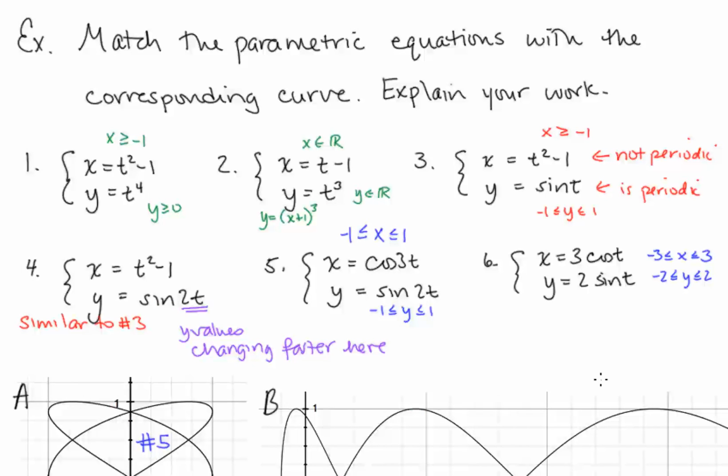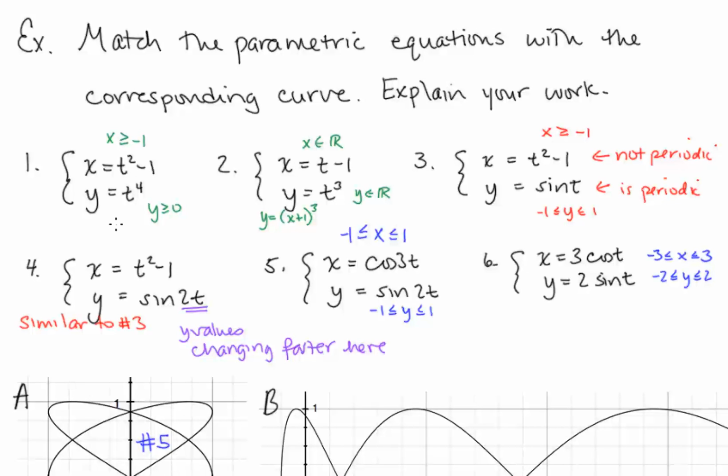Another thing I'd like to mention that might be helpful for these kinds of problems is to choose particular t values and find the corresponding x and y values that go with them. For example, if we choose t equals 0 in curve number 1, we know that x is going to equal -1 and y is going to equal 0. So we could go down and look at our graphs and see which one of the graphs has that point on it.